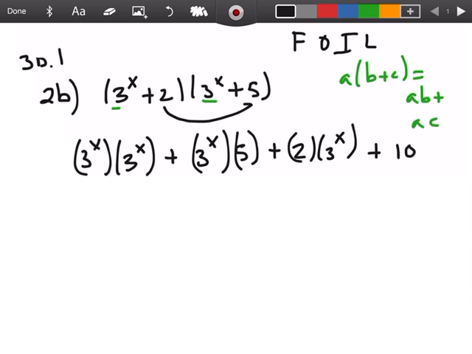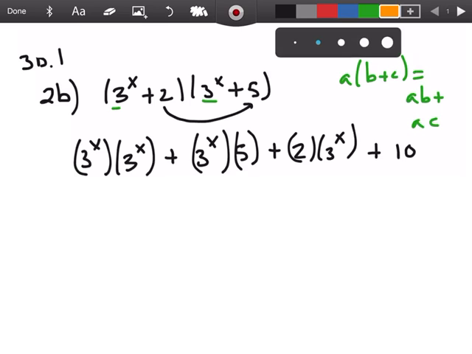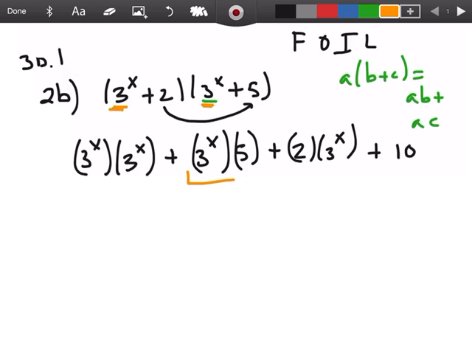Now we have to simplify it. I haven't done enough of these to know if there's always a pattern. I'm guessing if this term and this term are the same, there'd always be a pattern in the middle that you could extract out, or what's that word? Factor. The word's factor. My mind's already losing these words. So you could factor out a 3 to the x power.